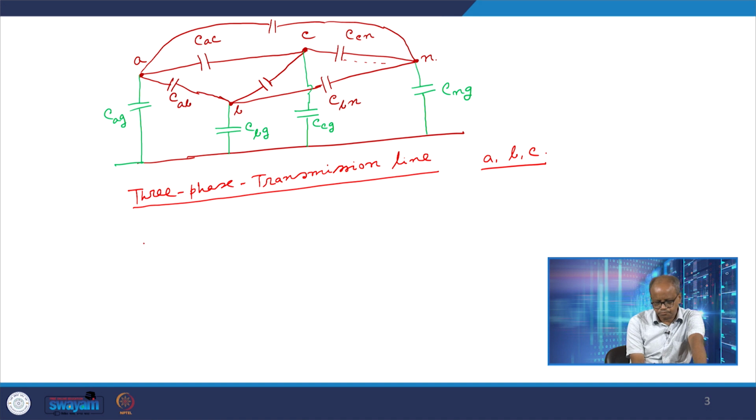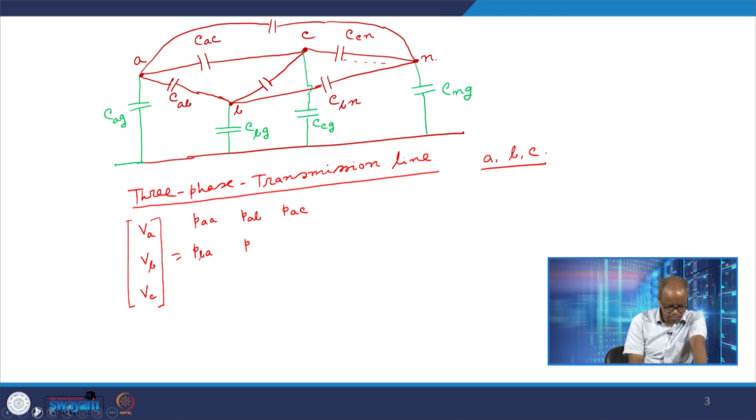So, I can write down the usual expression that VA, VB, VC, by following the same process as we have already done in the last couple of lectures, is equal to PAA, PAB, PAC, PBA, PBB, PBC and PCA, and so on.